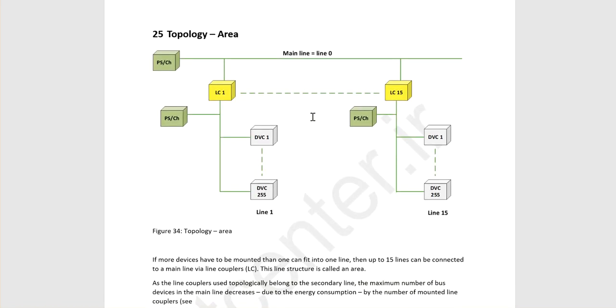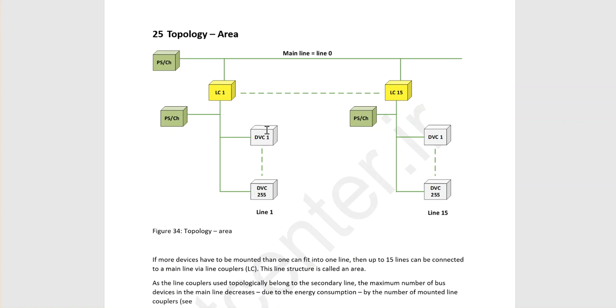Okay, so in the next part we are going to understand the area. Each line can connect to another line with the use of the line coupler, okay? So you can connect 15 lines to each other at maximum and make one area, okay?